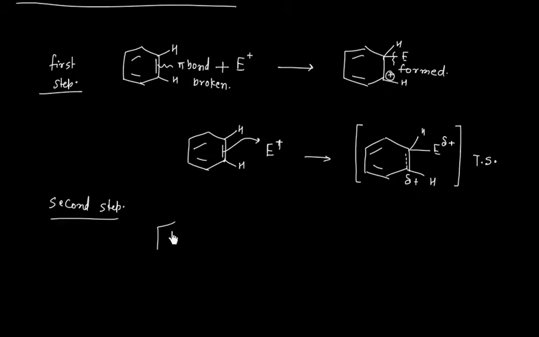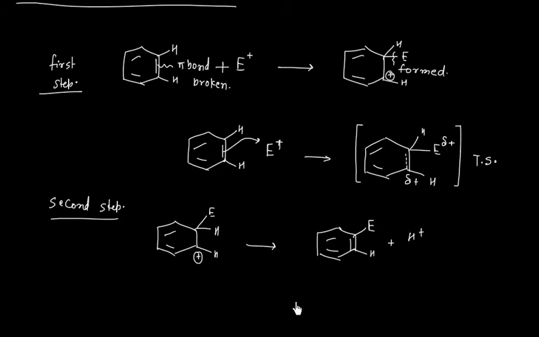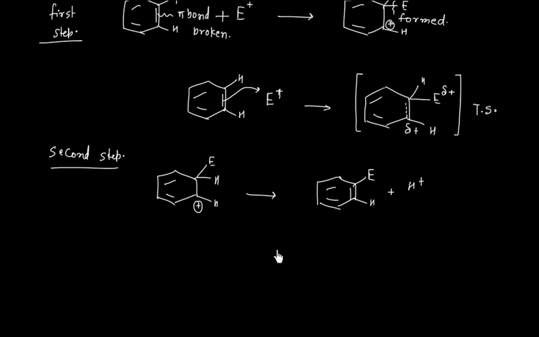This carbocation formed, this is called arenium ion basically. Loses H plus. So in this case again we can draw the transition state.